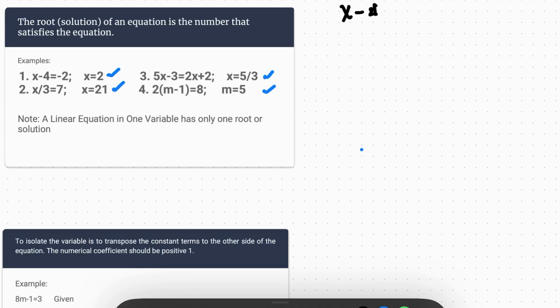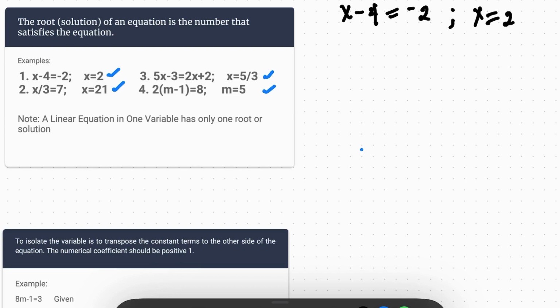x minus 4 equals negative 2. And we will verify if the given value of x is indeed the solution of that equation. The process that we're going to use is very simple. We're going to use the substitution method.